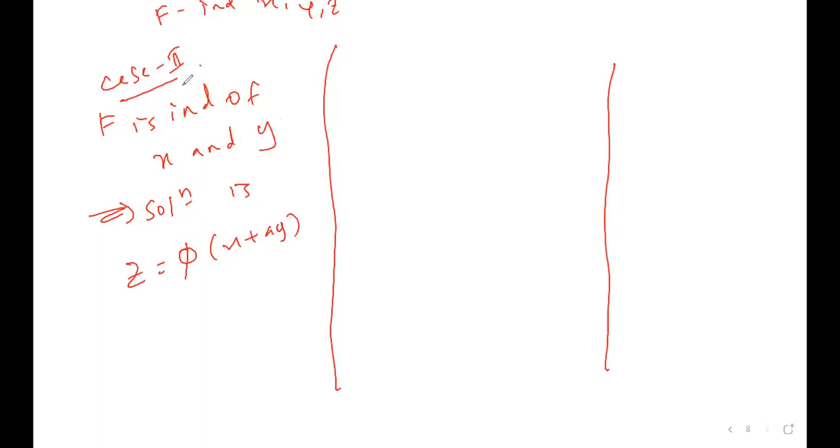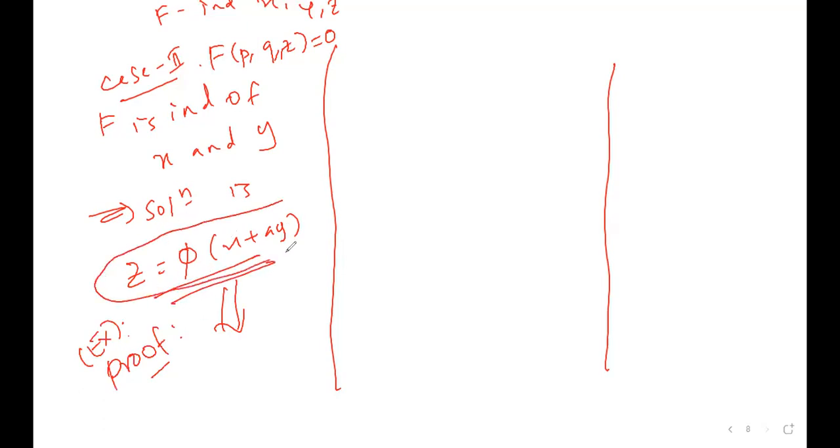So the function will be in this way, F of p, q, z is equal to 0. So using Charpit's method, solve this one. The proof is your exercise. Like what I have done in case 1, you just use Charpit's method to prove this one. You have to get some function of x plus ay. This is your task.